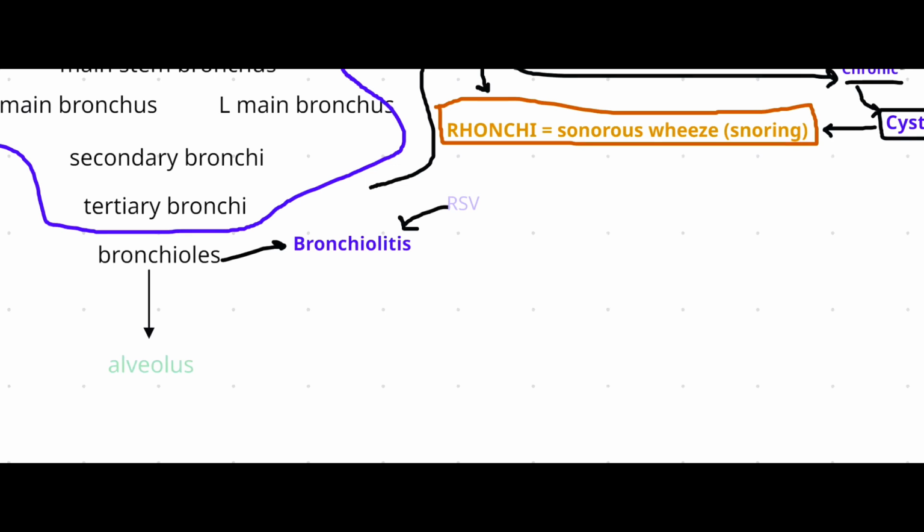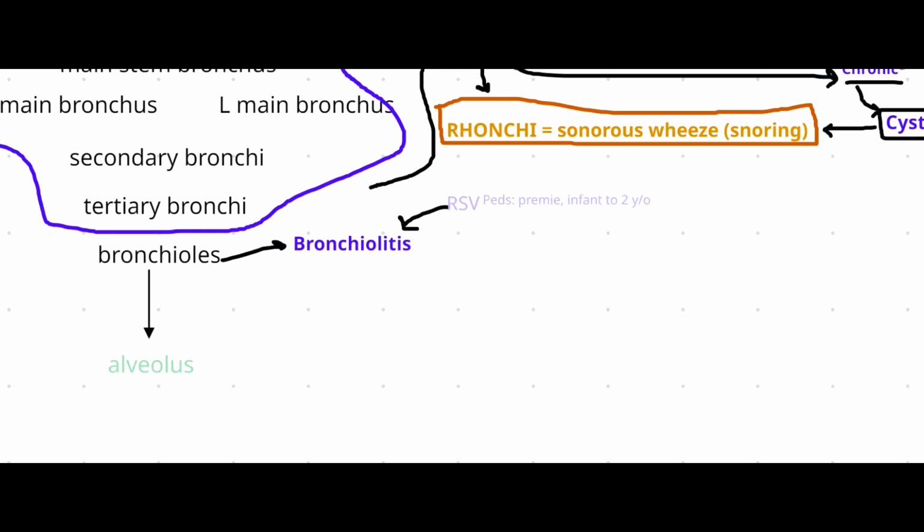So what is that telling us? If a child presents with, we haven't talked about the lung sound yet, but we will in a second. This is the population in which this is most common.